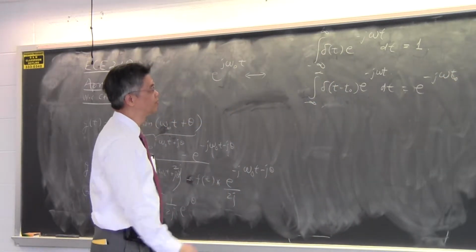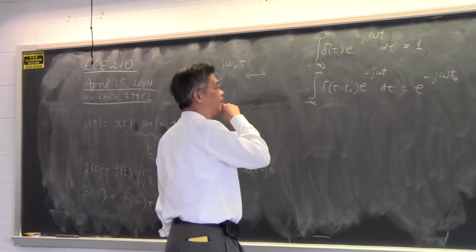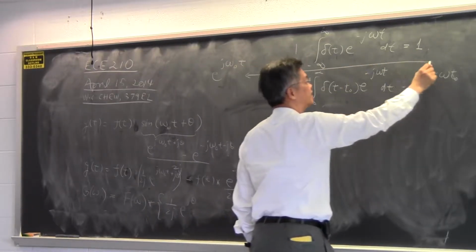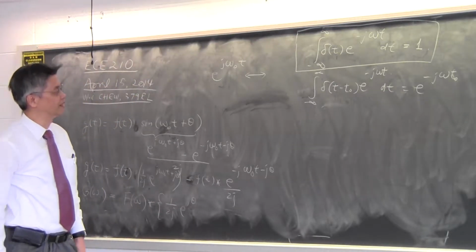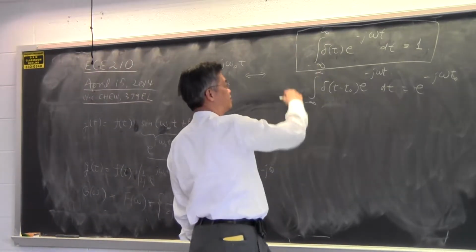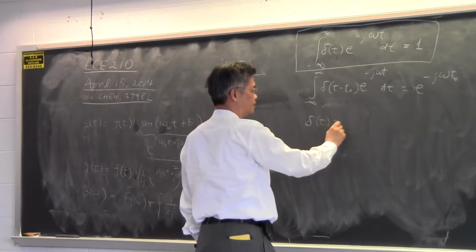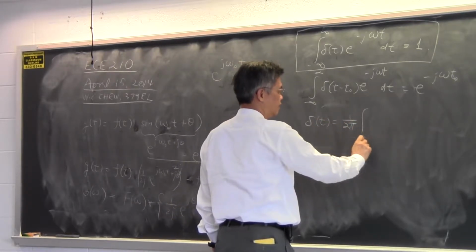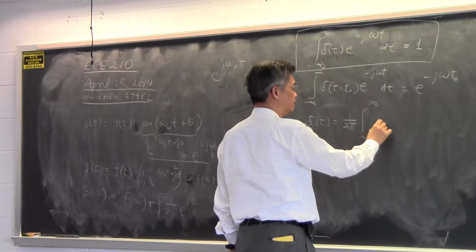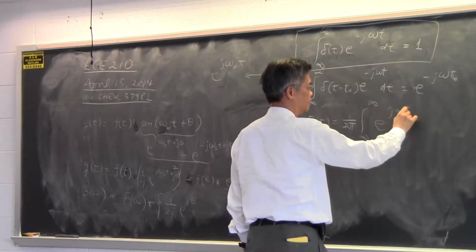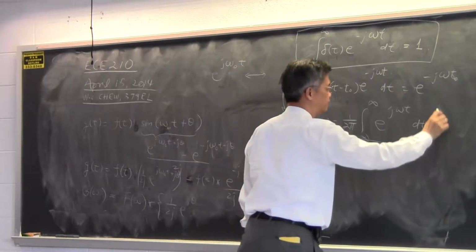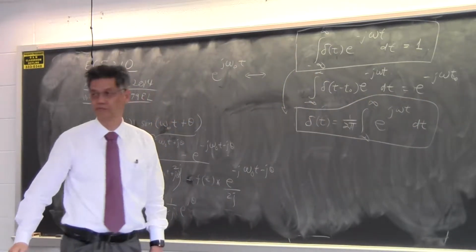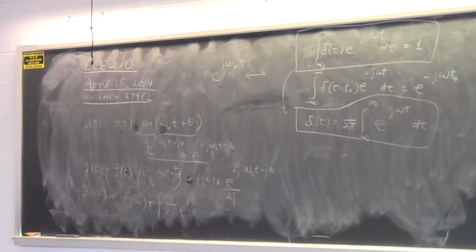And then there's a symmetry formula that goes the other way around. Okay, this is a very important identity. It says that that thing integrates to 1, but it also tells you the inverse Fourier transform, which is delta(t) equals 1 over 2 pi, integral from minus infinity to infinity of e to the j omega t d omega. Okay, if you inverse Fourier transform this, you get this identity.